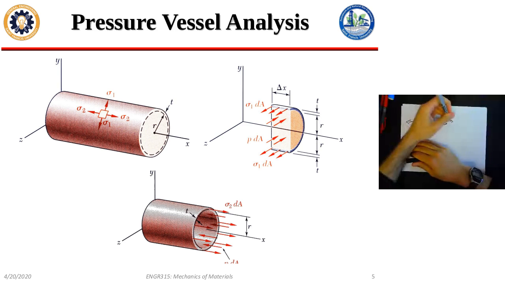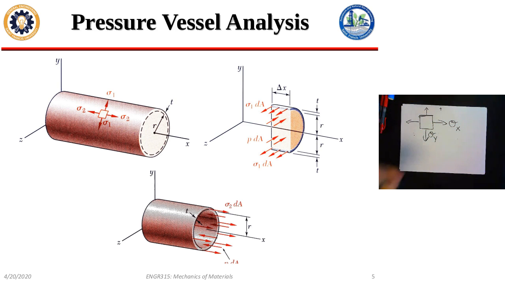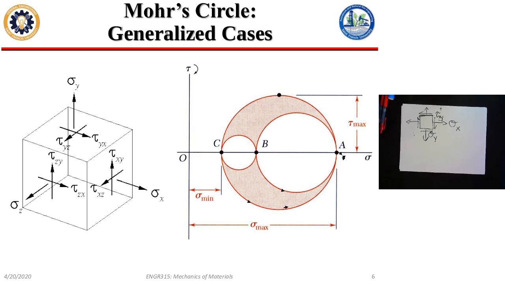And I have some sigma x, and I have some sigma y. Yeah? And if I want to be complete, I also have shear stress here, right? Like that's a 2D stress cube. Does that look familiar? Yeah.